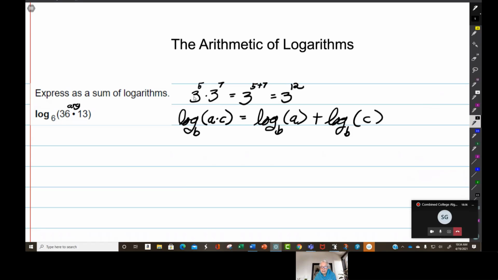Okay, very similar to this. Or if you have this side, log base b of a plus log base b of c, you merge those together like this.